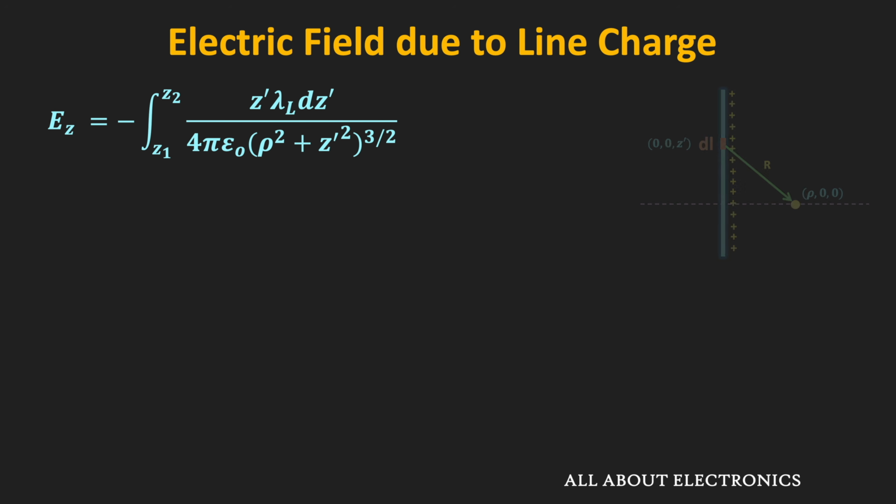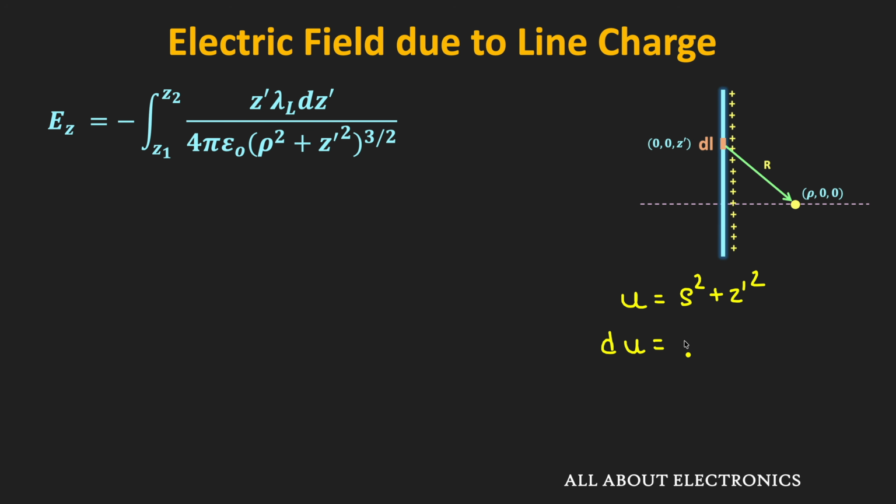So here once again, to solve this integration, let us use a substitution. Let's say u is equal to rho square plus z dash square. If we differentiate it, then we will get du is equal to 2z dash times dz, because here rho is the constant and the only variable that is changing with the integration is z dash.